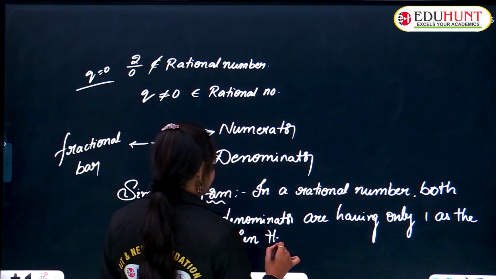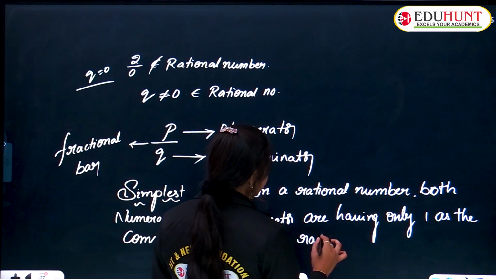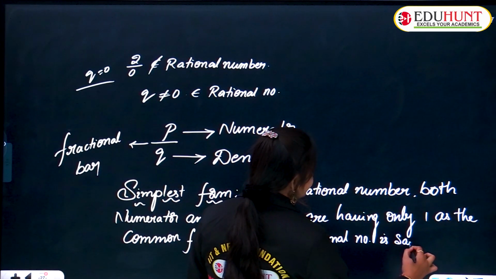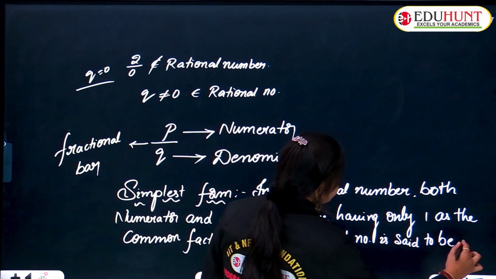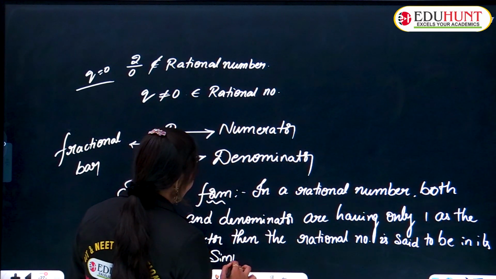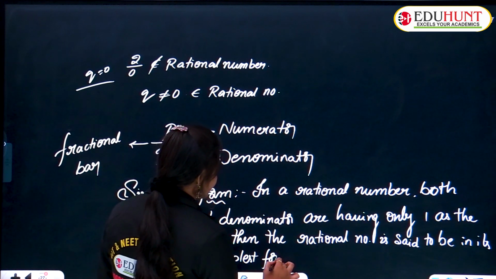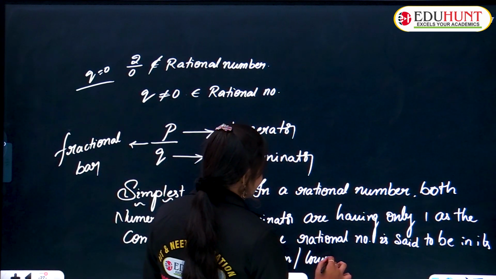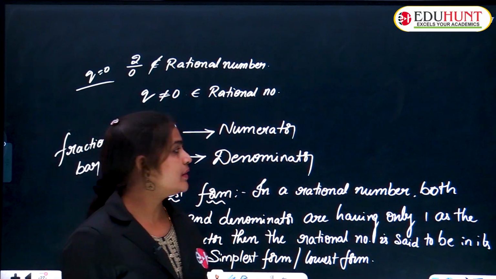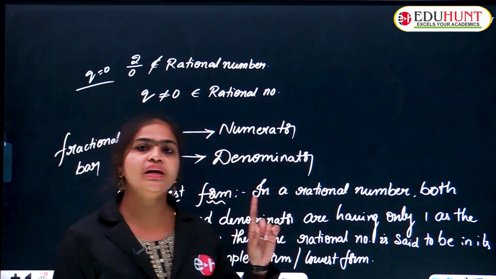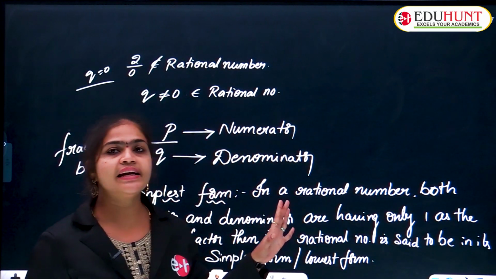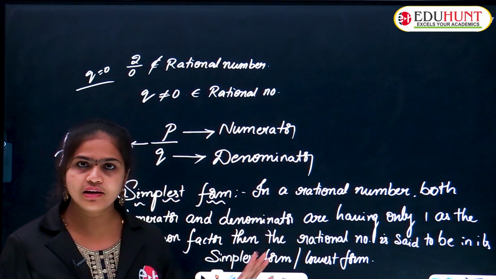Then the rational number is said to be in its simplest form or lowest form. Am I clear to you? What is the simplest form? Both numerator and denominator have only one as the common factor. Those two do not have any other common factors. Then we can say the given rational number is in its simplest form or lowest form.